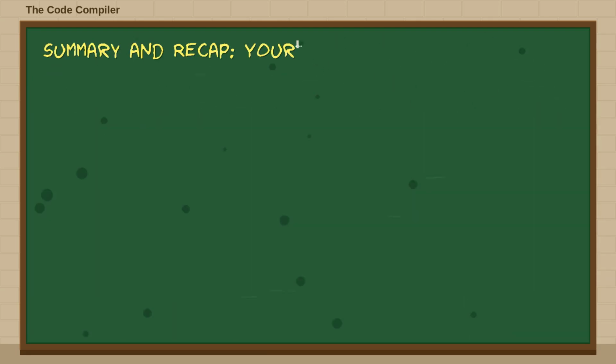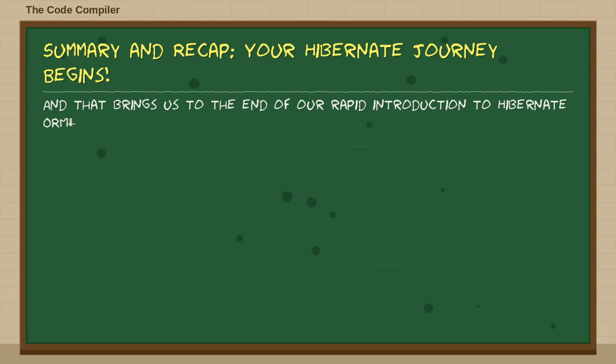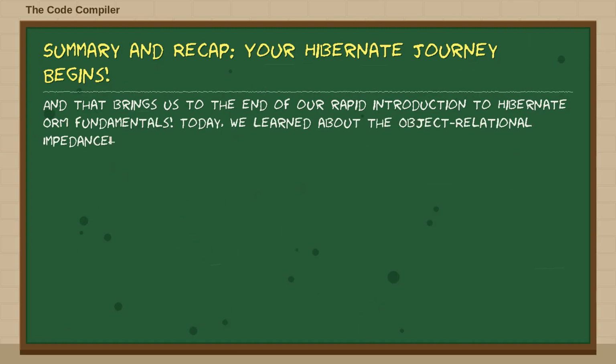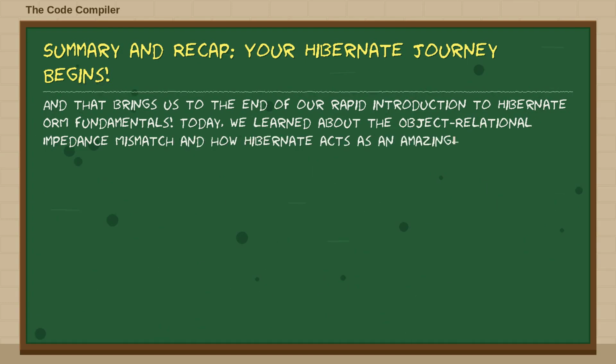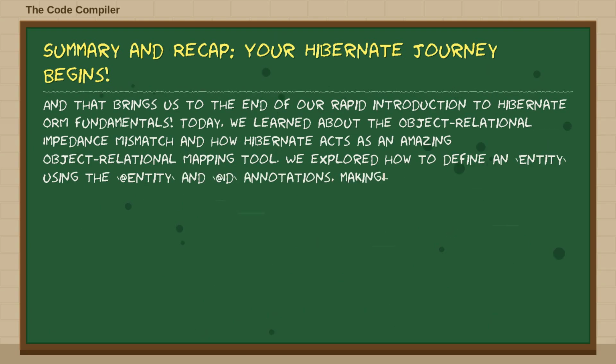And that brings us to the end of our rapid introduction to Hibernate ORM fundamentals. Today, we learned about the object relational impedance mismatch and how Hibernate acts as an amazing object relational mapping tool. We explored how to define an entity using the @Entity and @Id annotations, making our Java objects database aware.